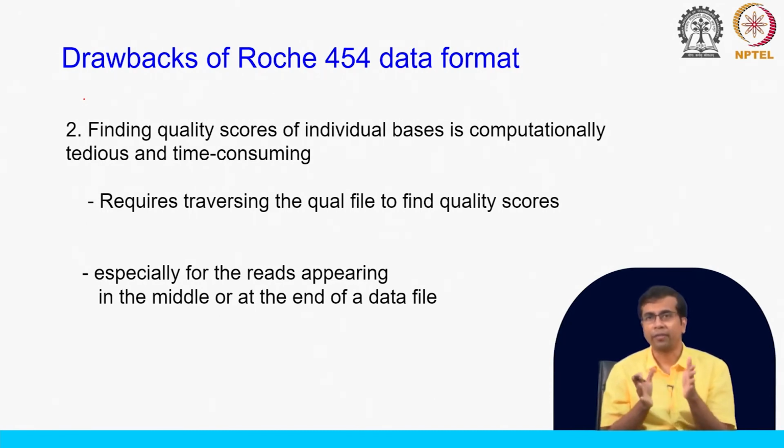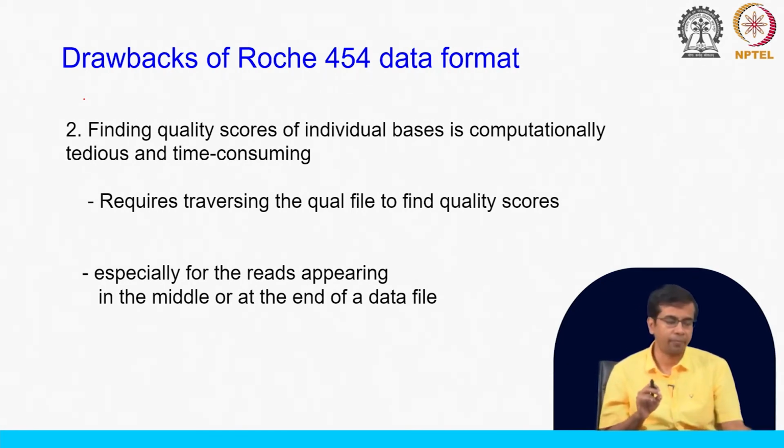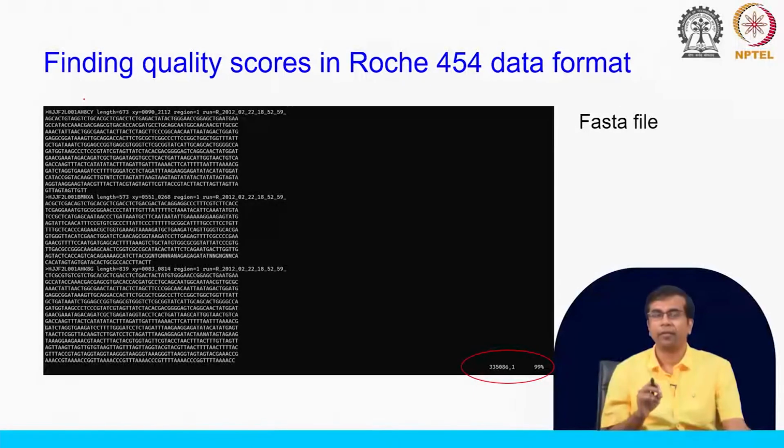For the first few reads, the first 1,000, 2,000, 5,000, maybe you will not notice the time taken. But as you reach towards the end of the file, getting the quality score for every base in the read will take much longer than it did for the first or second read in the file. So this is not very efficient.